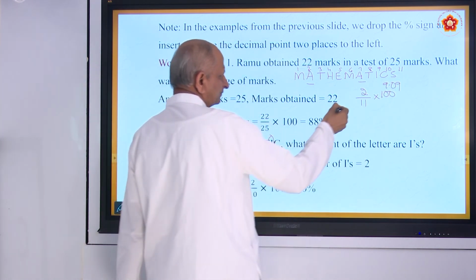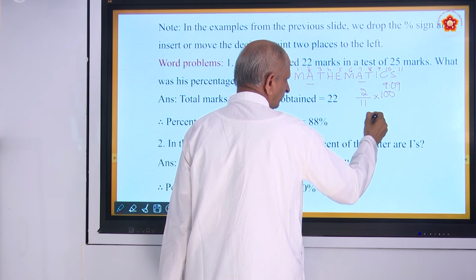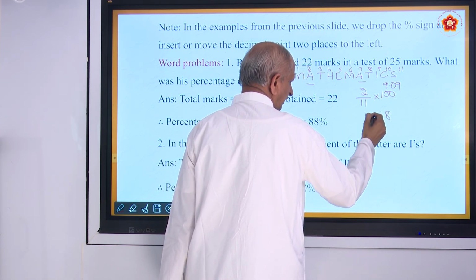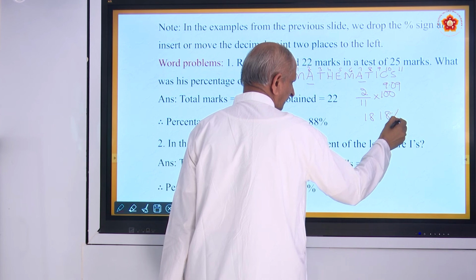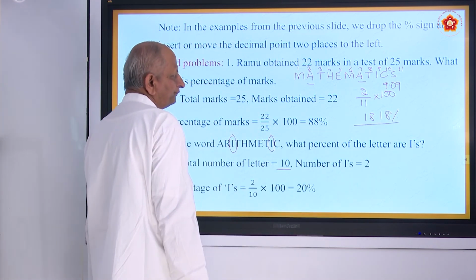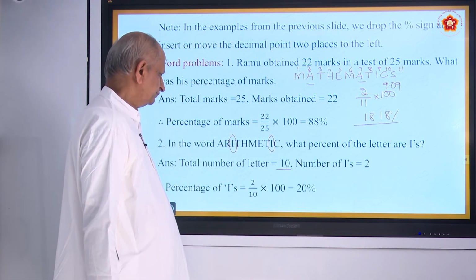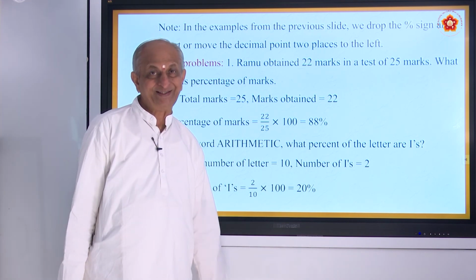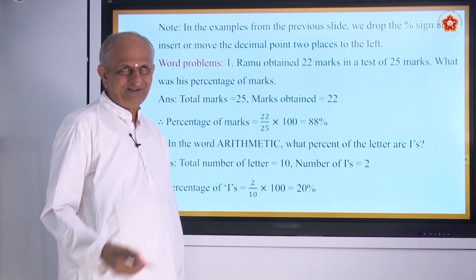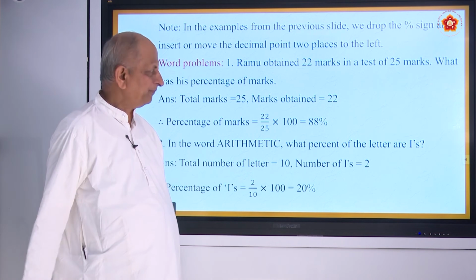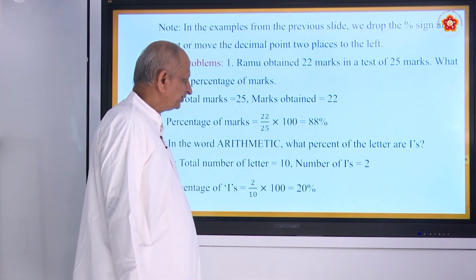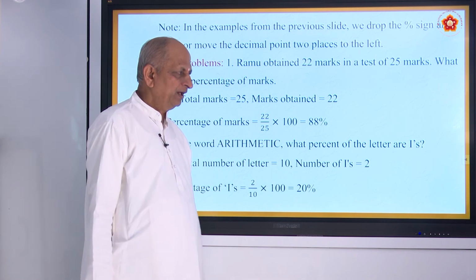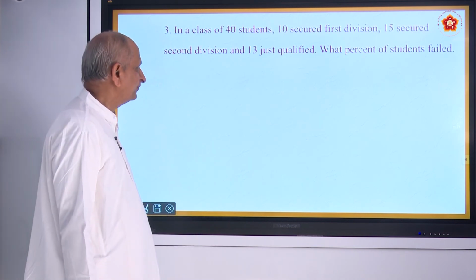So multiply that, and that will be equal to 18.18% approximately. So like that, for the repeated letter you can find the percentage. So you will have different kinds of problems in this. These are what you call word problems or problems of daily life.